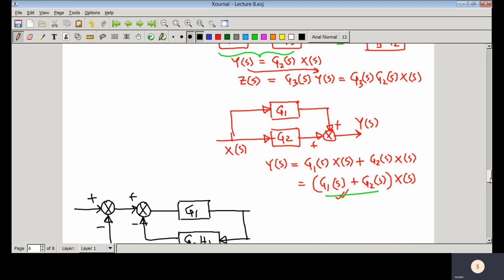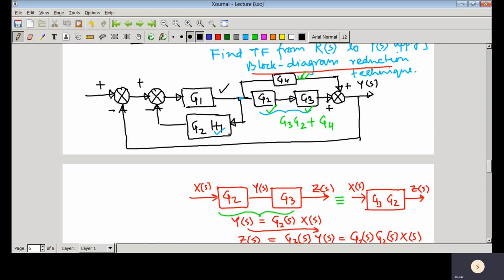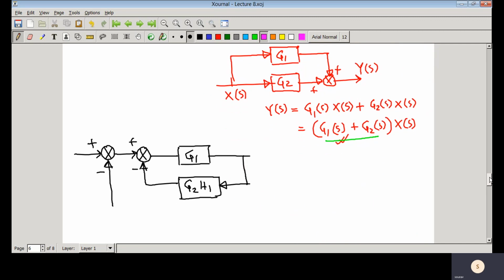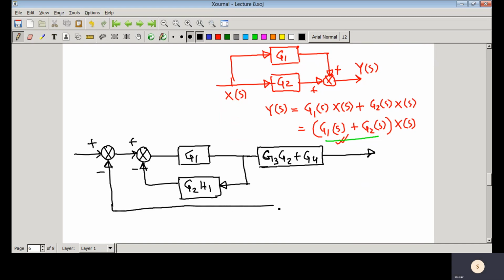As we have now discussed, this particular part can be represented as G3 G2 plus G4. So here you have one block that would be G3 G2 plus G4. So this is the simplified block diagram.